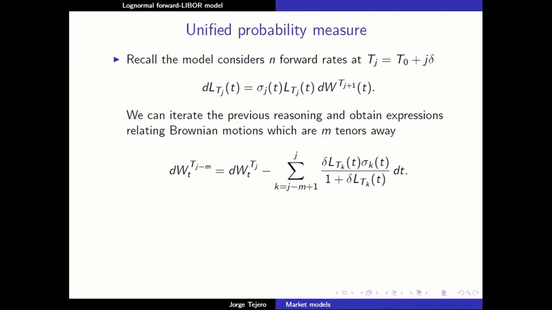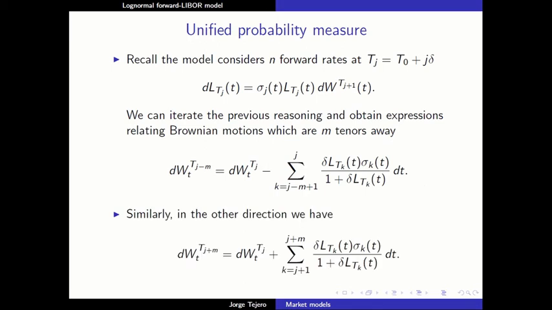We can iterate the previous reasoning to rewrite some Brownian motion in terms of another Brownian motion in such a way that we can obtain relations between Brownian motions which are several tenors away through this expression.